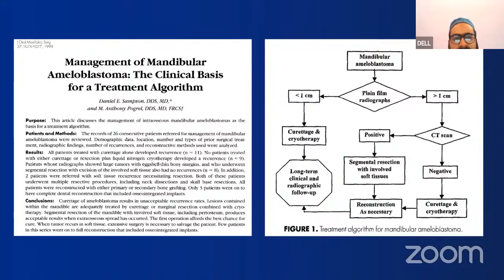This was an algorithm given by Pogrel to manage ameloblastoma based on the size of the lesion. Like if the lesion is small, curettage and cryotherapy can be done with follow-up. The only problem with this algorithm is they don't take the histopathology into consideration while formulating the treatment plan.